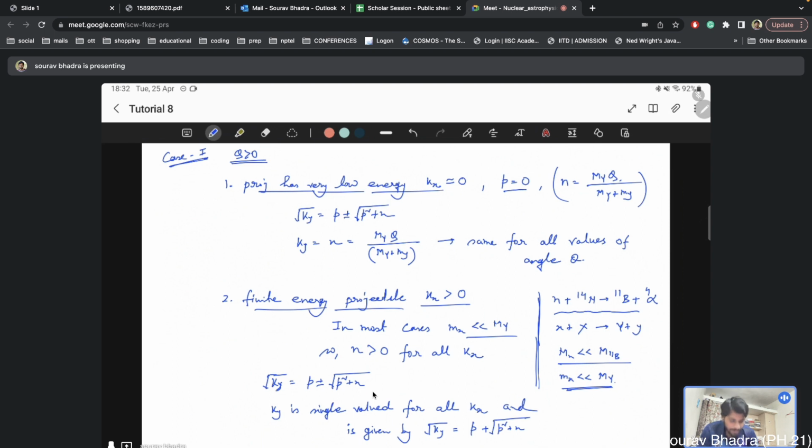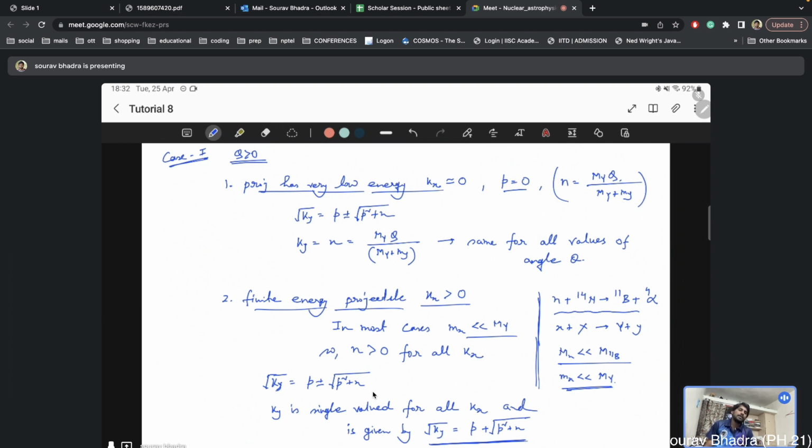We have omitted the minus sign. This is the realistic scenario: if there is a finite energy projectile, and the consideration that small mx is very much less than small my holds, then n is greater than 0 for all kx, and small ky is single valued, which can be expressed by this. So you may face some problems which can be solved by this particular equation.